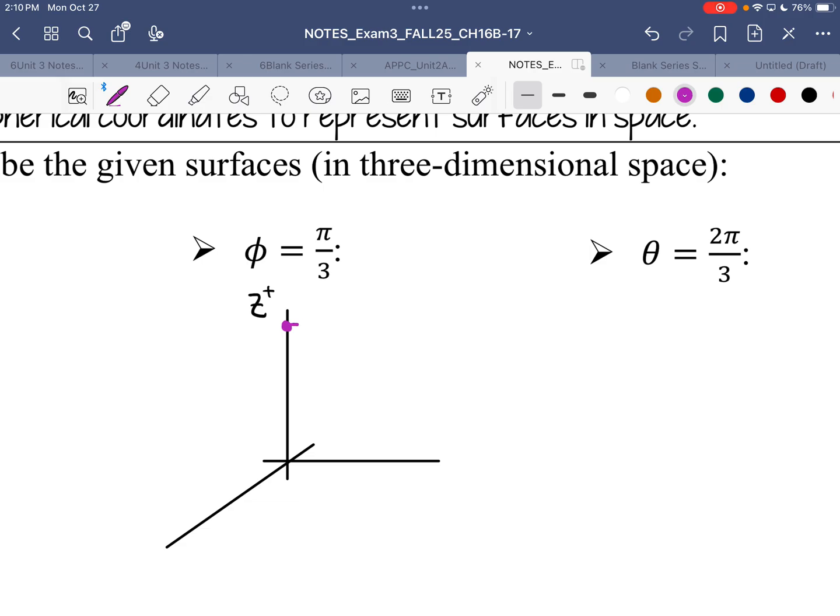And then it has rotated down pi over 3. And it's all the points where it's rotated down pi over 3. So it could have also gone this way, and it can come forward, etc.